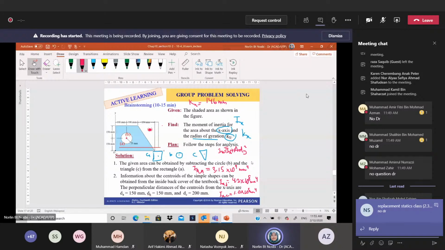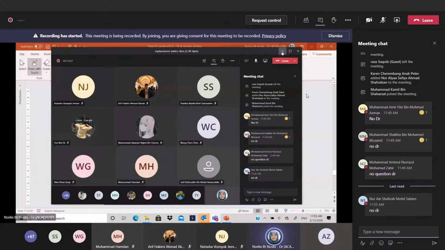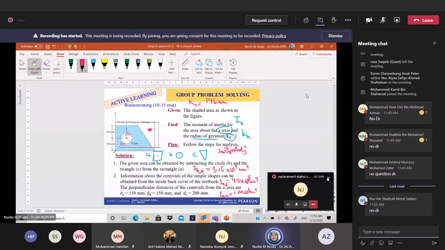Okay. In summary, for today, there are two kinds of shape if you want to find the moment of inertia. If the structure is single, you have to use integration.